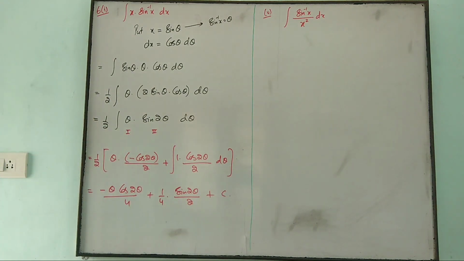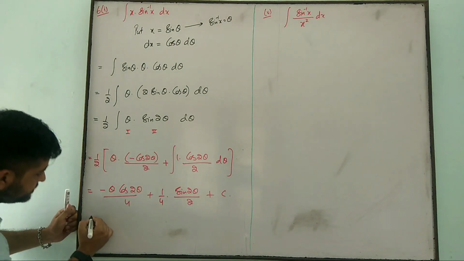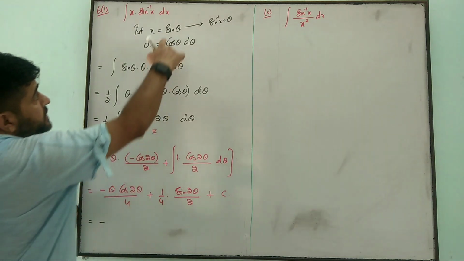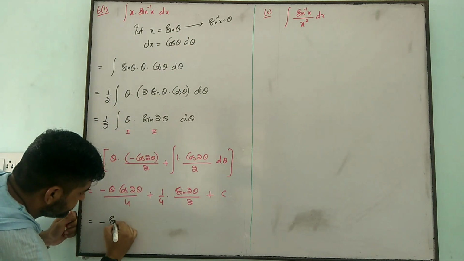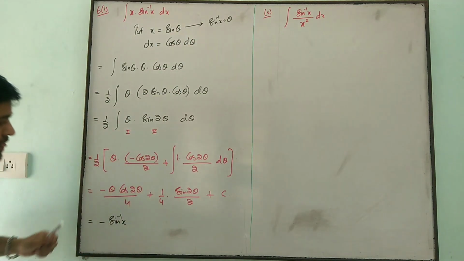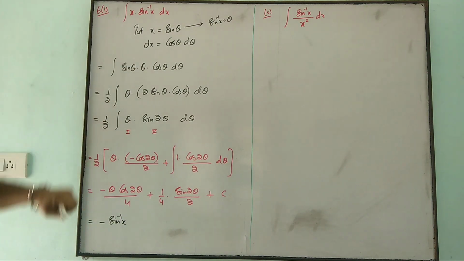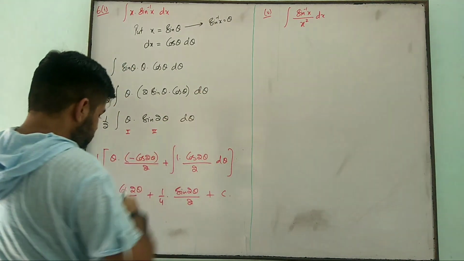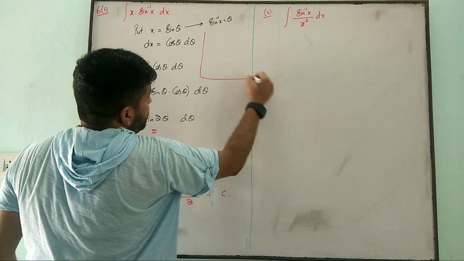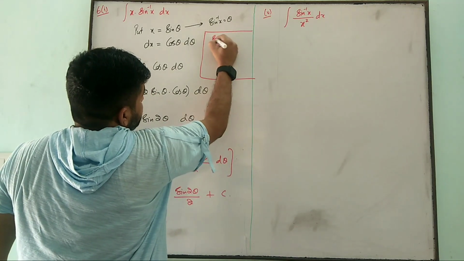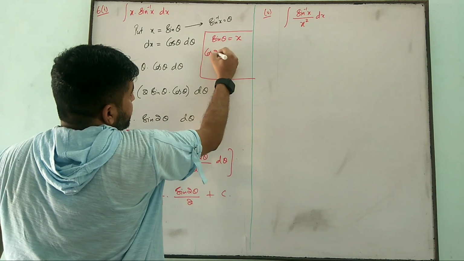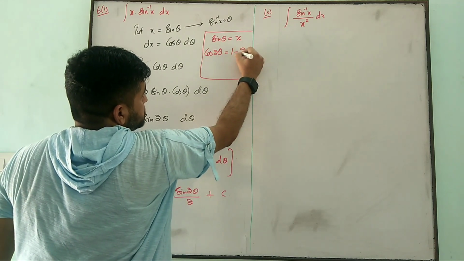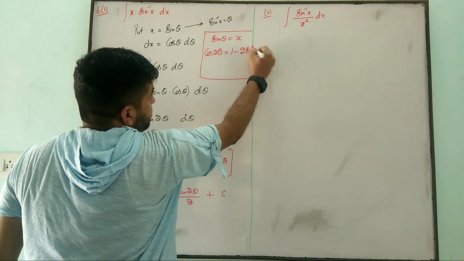Now just substitute the value of theta, that is theta is sin inverse x. Cos 2 theta, if sin theta is given, see, we are using the concept, if sin theta is equal to x, cos 2 theta in terms of sine is 1 minus 2 sine square theta, trigonometric concept.